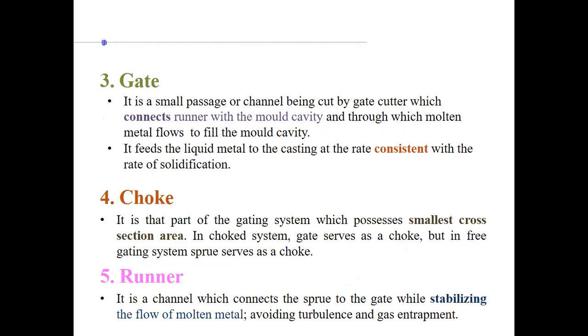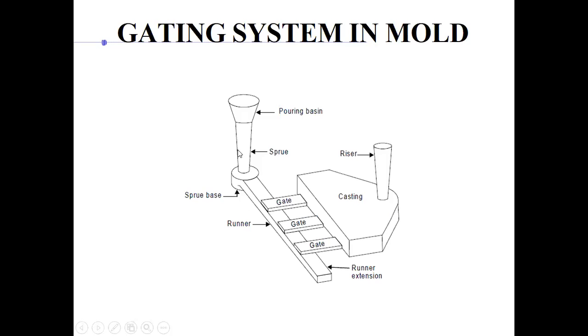So now, you see it should have been runner first. We will go in order, okay? So you see here you have a sprue base. Once it passes the sprue, there's a sprue base. Basically, it is to take down any impurities. You can see this is at the bottom, slightly down to this runner, so that the impurities would settle down here.